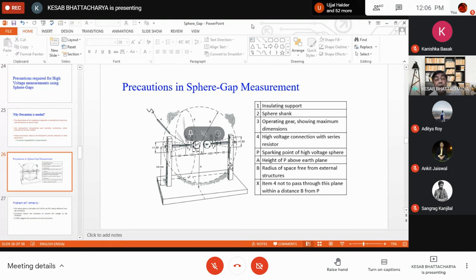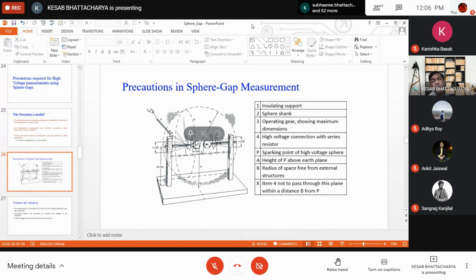Similarly, item 4, there is a plane X considered within B, and it is advised that item 4, that is, the high voltage connection with series resistance, must not pass through this plane within a distance B from P. Once again, the high voltage connection has its own field lines around it.